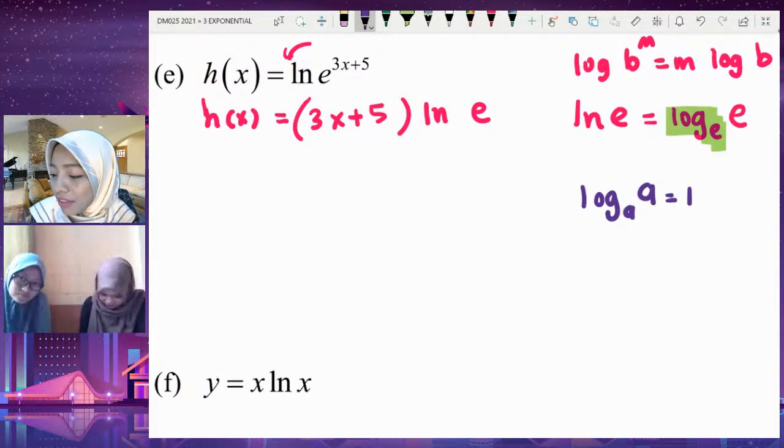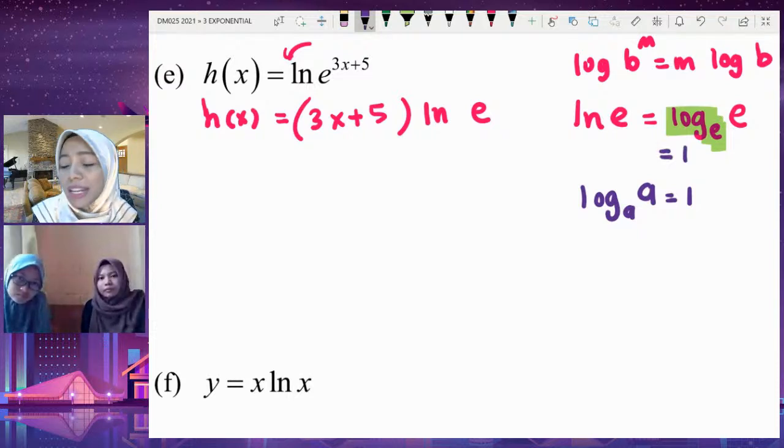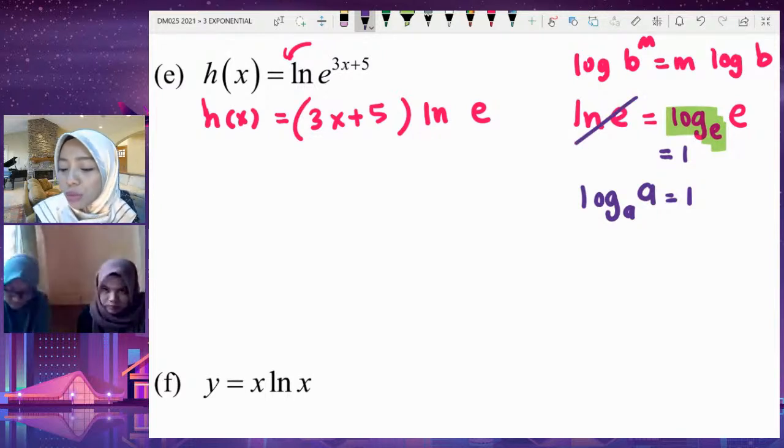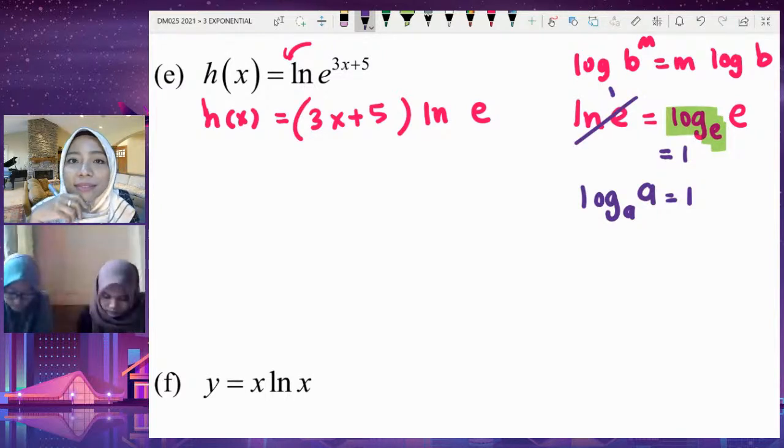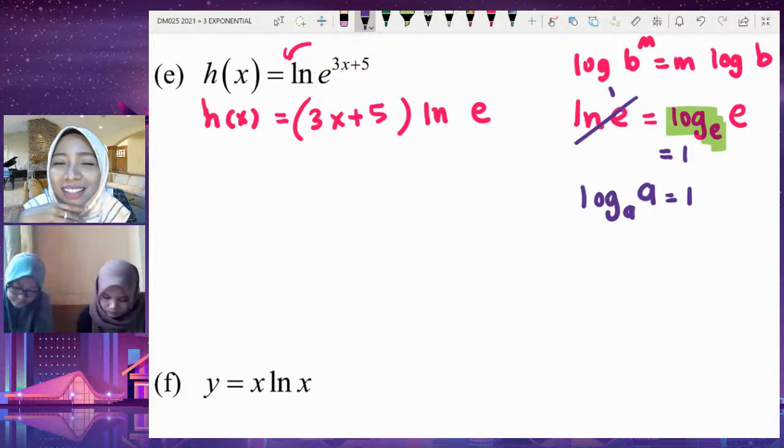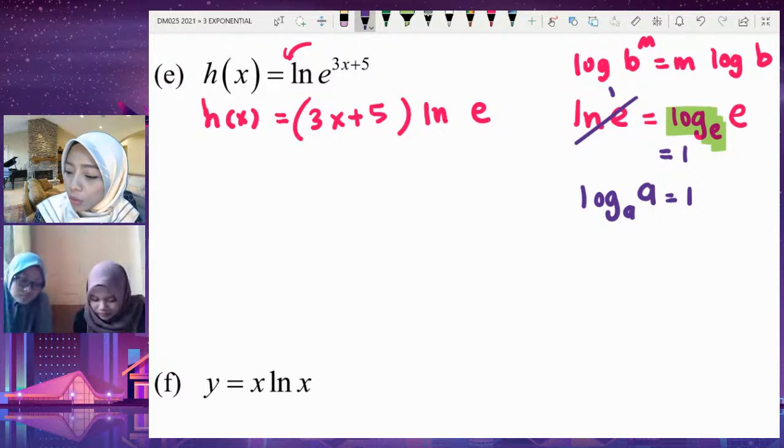Meaning that whenever it has the same values, it equals 1. So same goes to e: log e base e is equivalent to 1. That's why from now on, whenever you see ln e, it equals 1. Tolong restate dekat comment ln e equals 1, because ln e is log base e.